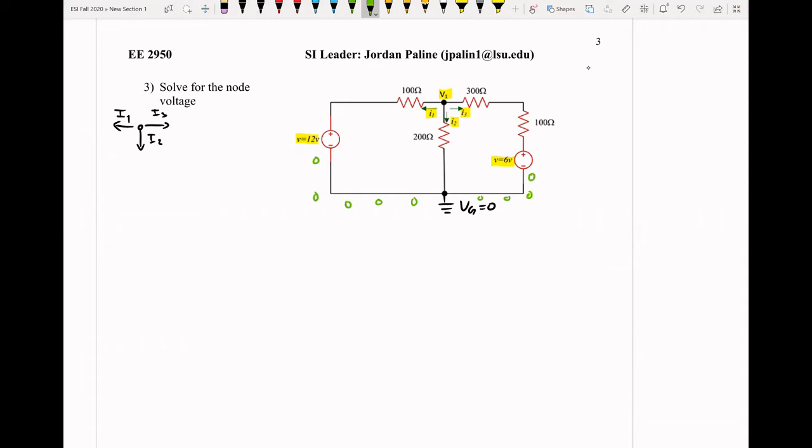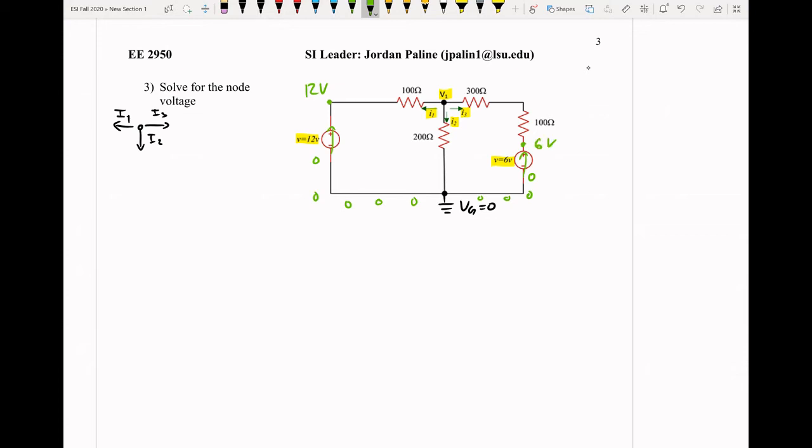Okay. So now what we can say is that there's going to be a voltage gain across these. If we look here, we pass through this battery, we're going to pick up 12 volts and have 12 volts there. We're going to cross through this battery, and we'll pick up 6 volts and have 6 volts there.